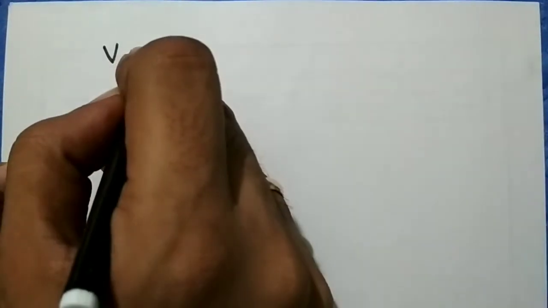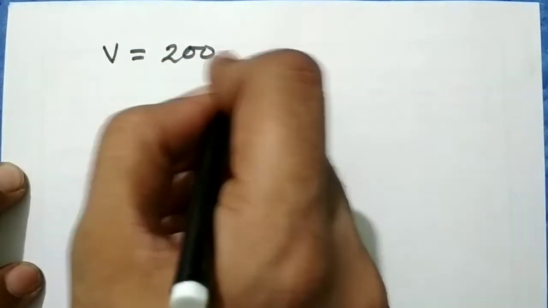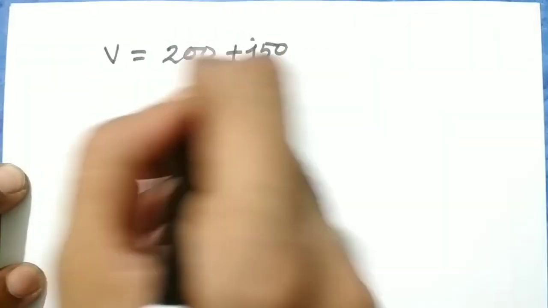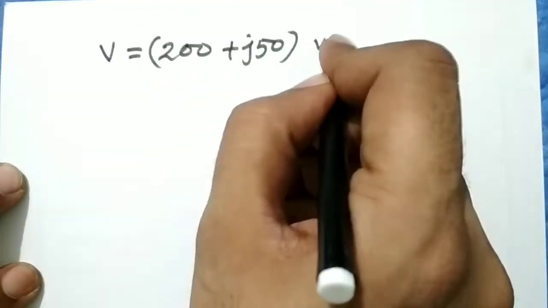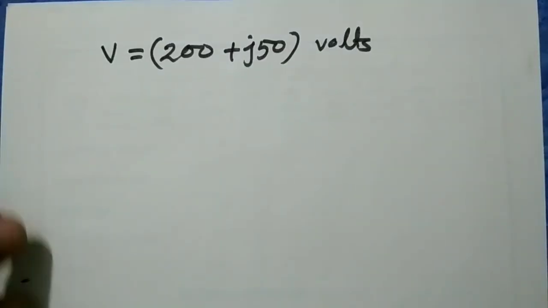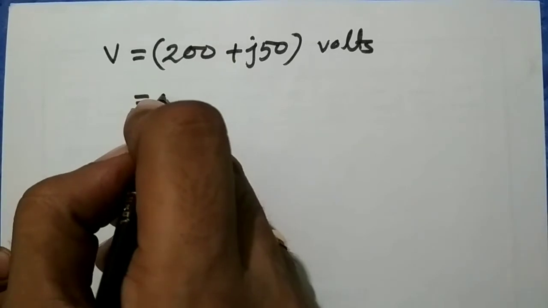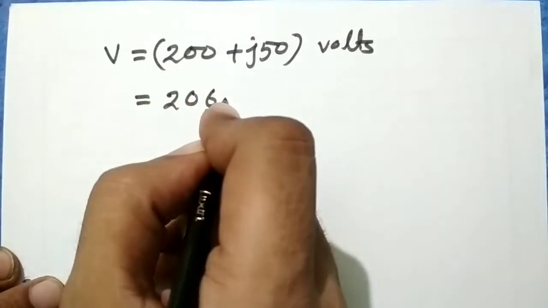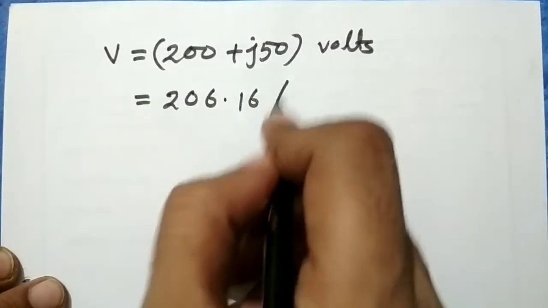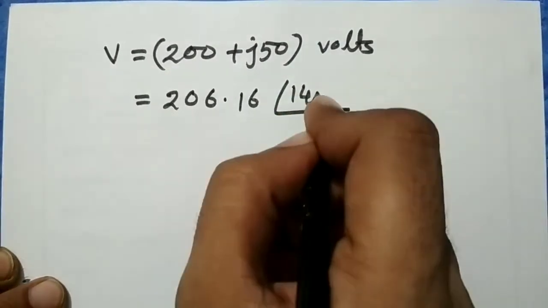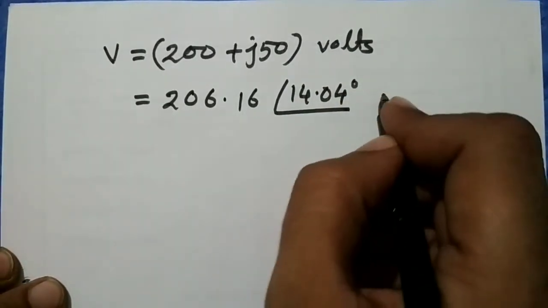Similarly, sometimes voltage or current can also be represented in complex notation. Let's say the voltage supplied is given as 200 plus J50 volts. So if we convert this value to the polar format, it will be 206.16 with the angle 14.04 degrees volts.